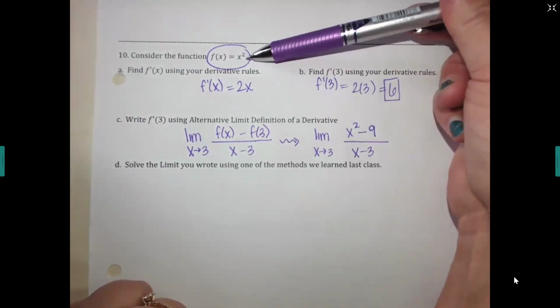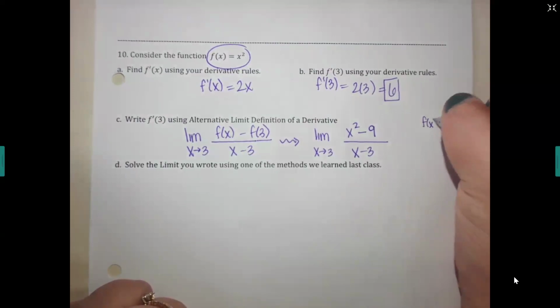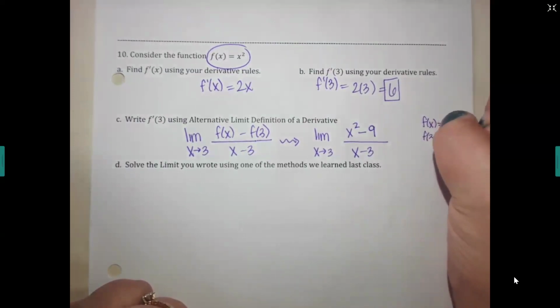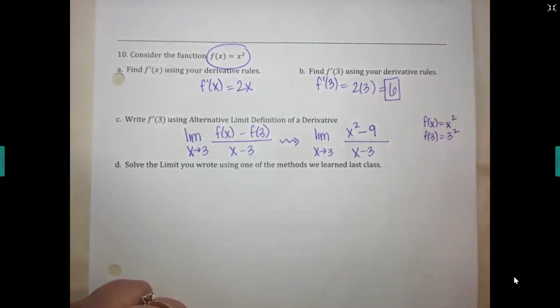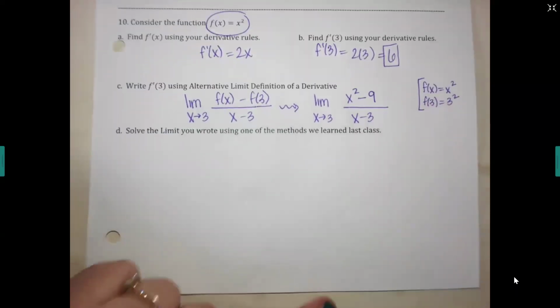You're plugging it in here. Like the little step I did on the last question: f of x is x squared, then f of 3 would be 3 squared. Now, this is what you would type in for your homework when it says write the limit. But now we're going to practice solving it using the strategies we learned last time. What strategy is this kind of setup for?